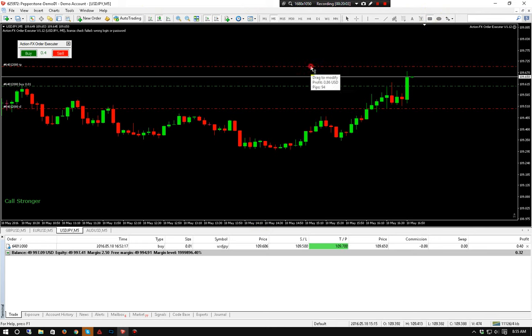What it means is, and we're going to base this off dollars, I'm willing to lose $1. With a risk-reward ratio of 1 to 1, I can either win $1 or lose $1.